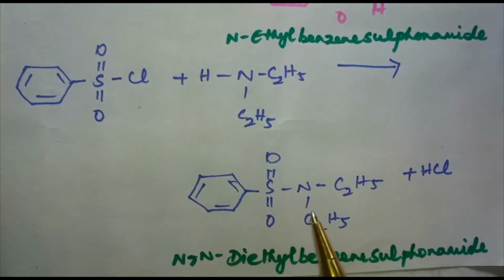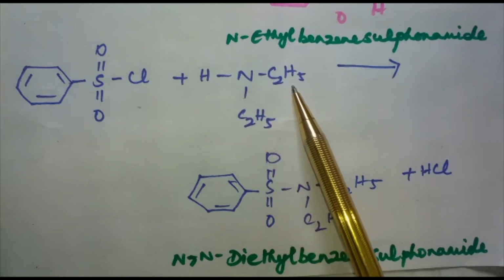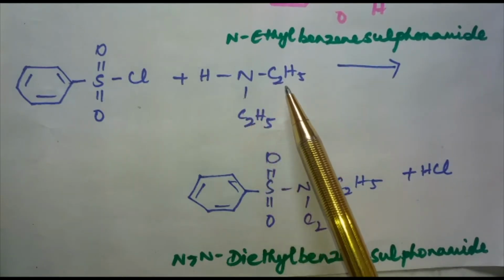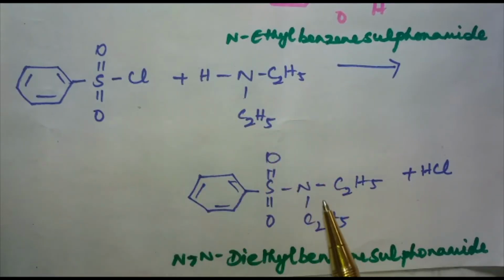Two ethyl groups are here, that's why diethyl benzene sulfonamide. This is a secondary amine. Secondary amine with benzene sulfonyl chloride gives N,N-diethyl benzene sulfonamide.